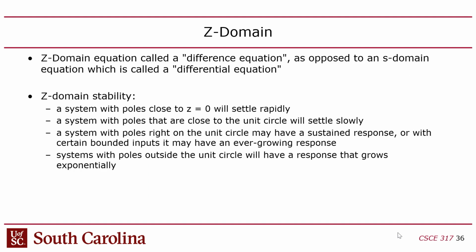When it comes to stability, the stability criteria for the Z domain is a little sketchy. For example, if you have poles that are on the unit circle, it may or may not be stable. We don't know. So it's not as cut and dry as the S domain when it comes to stability.